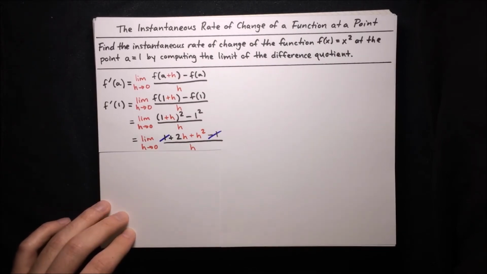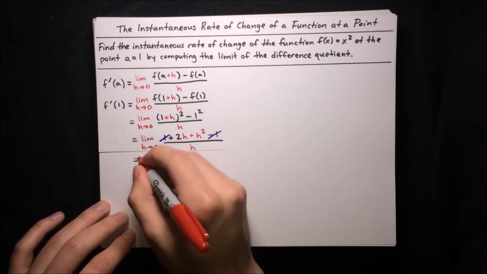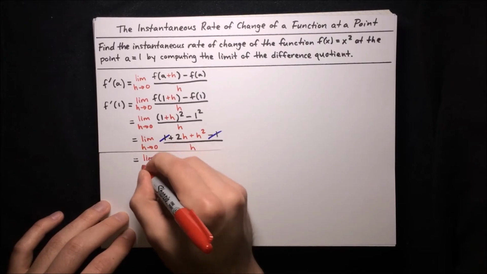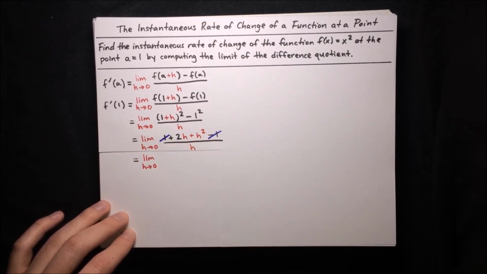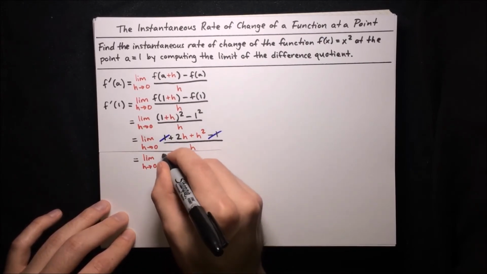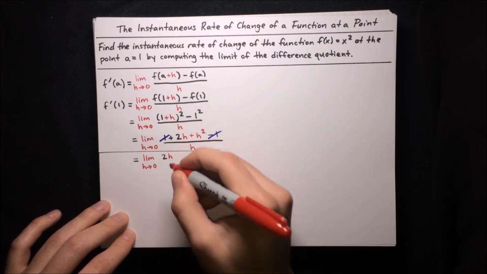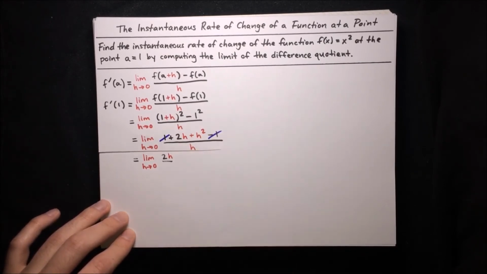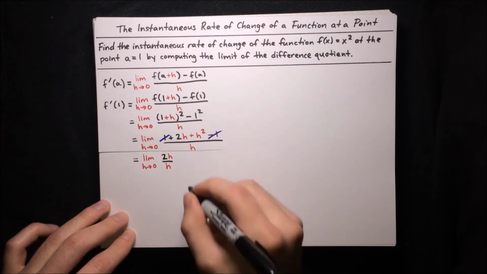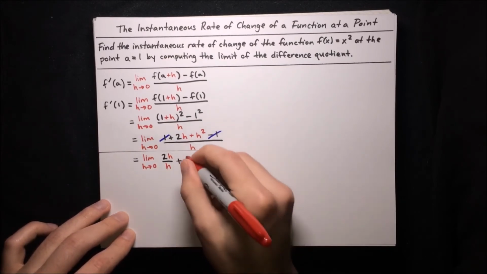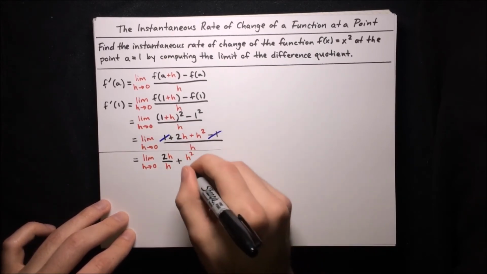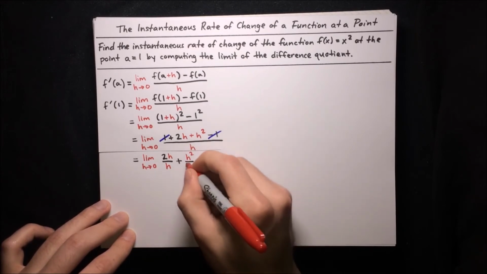So now let's go ahead and split up this limit. This is the limit as h approaches 0 of, first of all, our 2h term, so 2h over h, and then we're also adding our h squared over h.